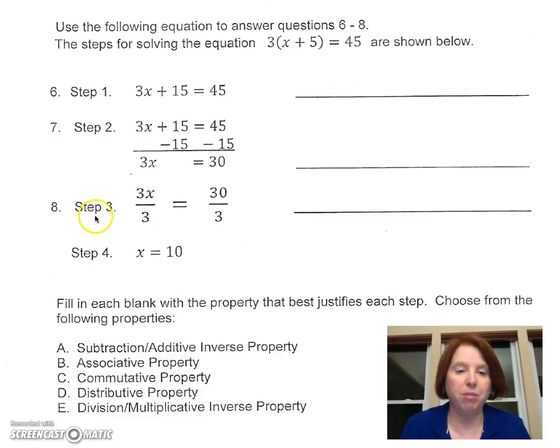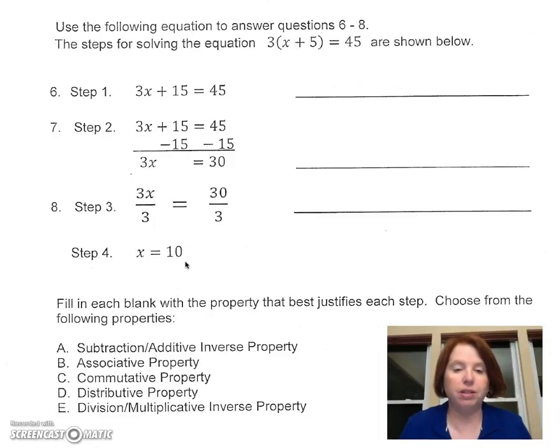For number 8, we are looking at step 3 and step 4. Step 3 shows 3x divided by 3 equals 30 divided by 3, with a fraction bar. And step 4 is x equals 10.